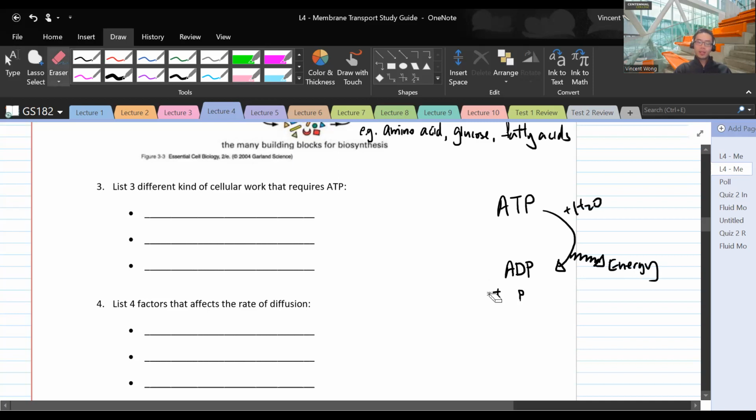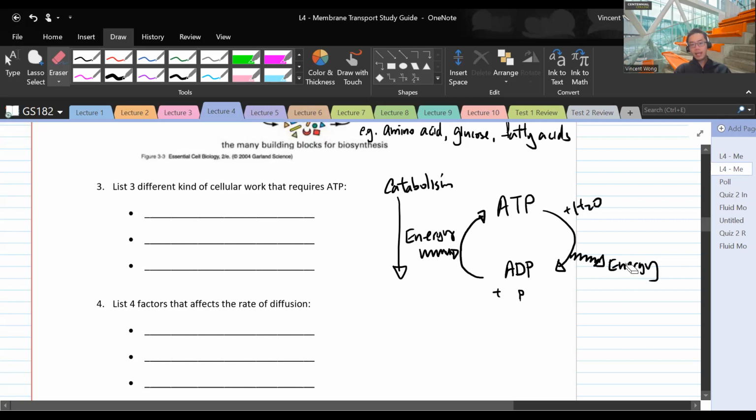And what you want to do is recharge the ADP so that you can form ATP again. So you're going to supply energy. And as I just showed you, this energy comes from catabolic reactions, catabolism. Okay, so that's going to create energy, and the energy is used to charge up the ADP and to create ATP again. And when you need to use the ATP, you add water and you break it down.